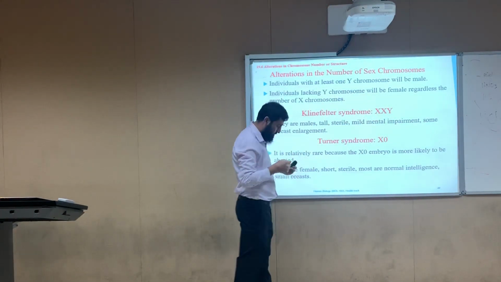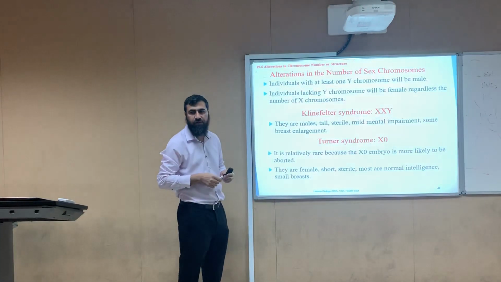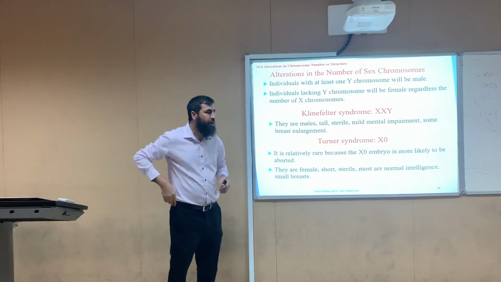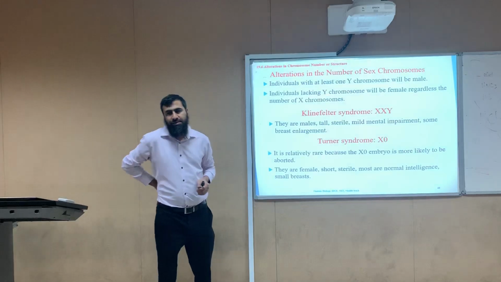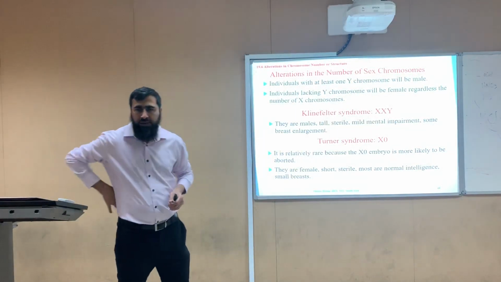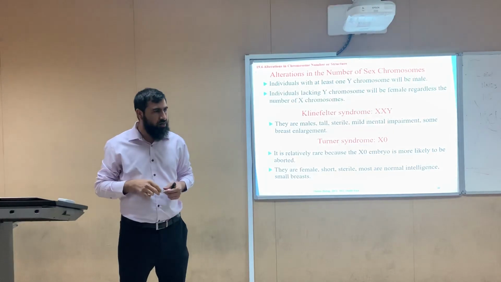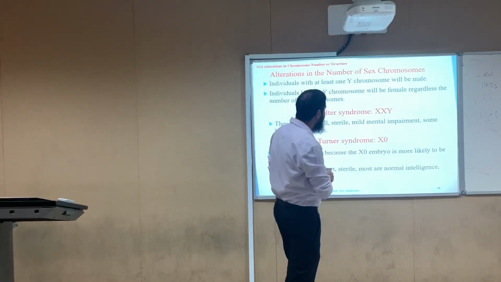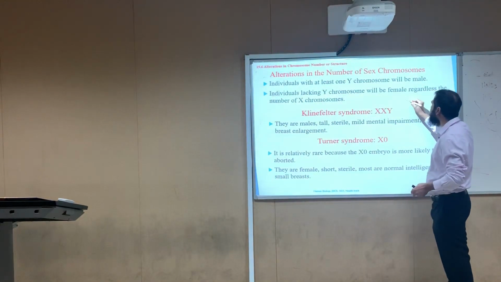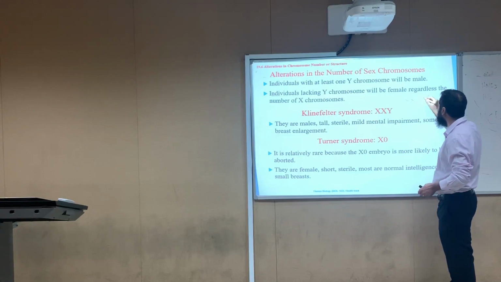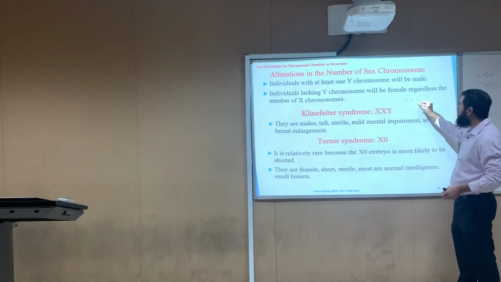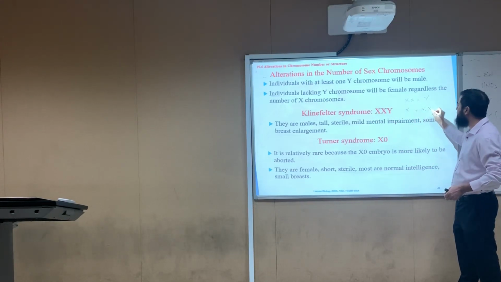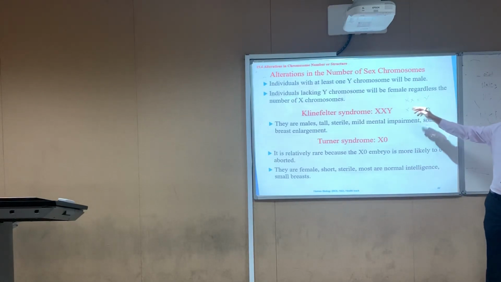Now, how can that happen? There's two ways it can happen. What sort of non-disjunction can cause that? The egg will not separate. So in the egg, the XX didn't separate, correct? What about in the male, the sperm? Failure of the XY to separate. So you can get it in two ways. If you have an egg with XX that is fertilized by a Y sperm, or if you have an egg with normal X and it's fertilized by an XY sperm.